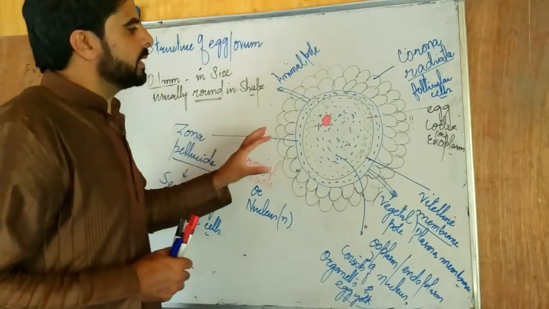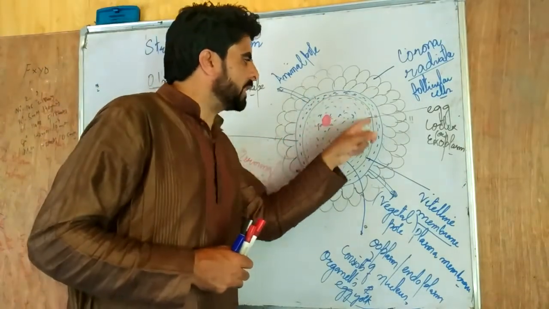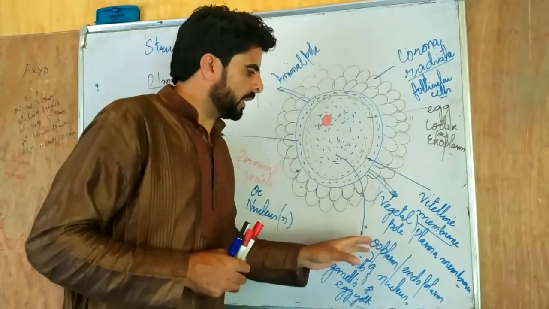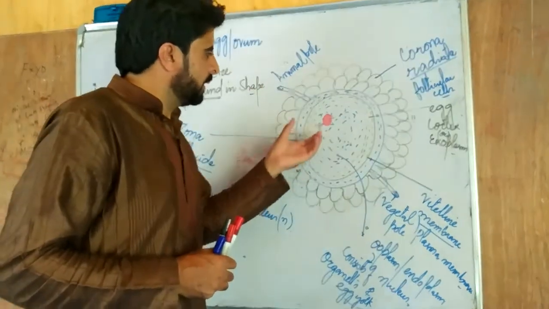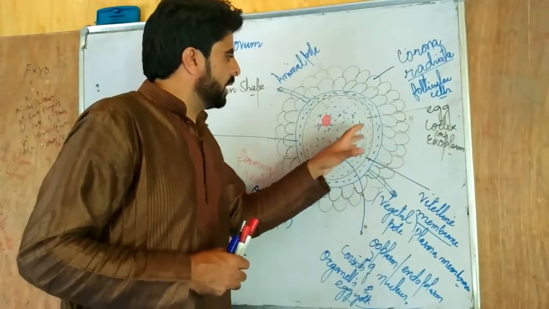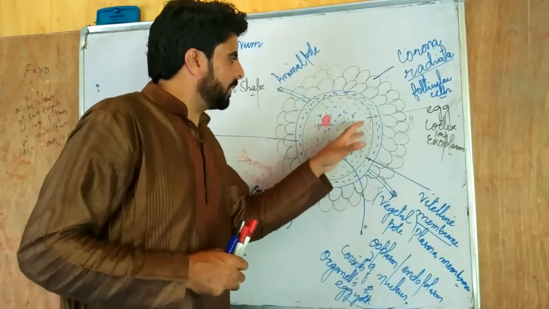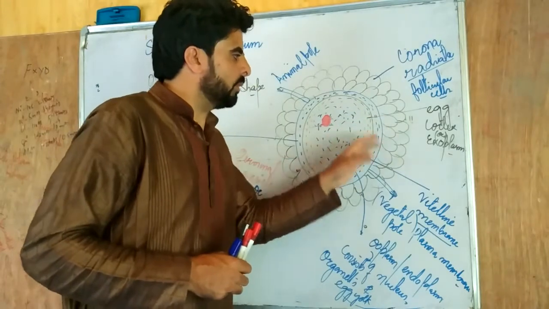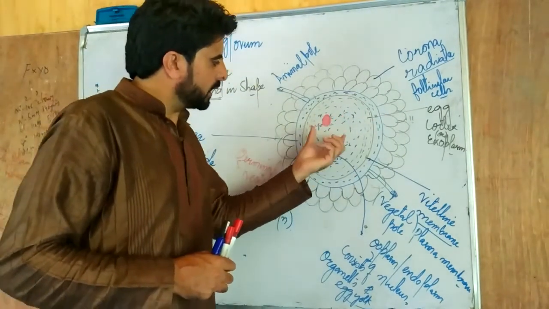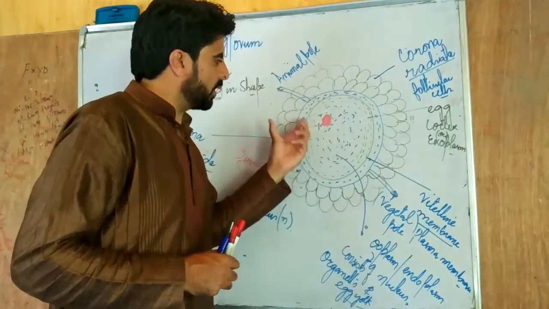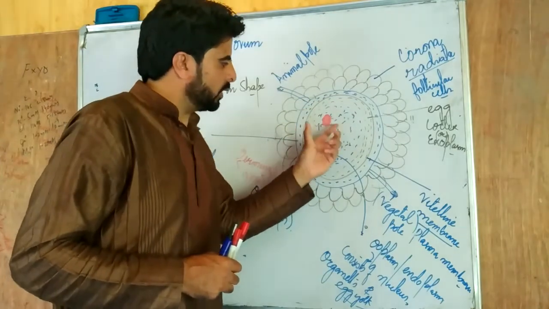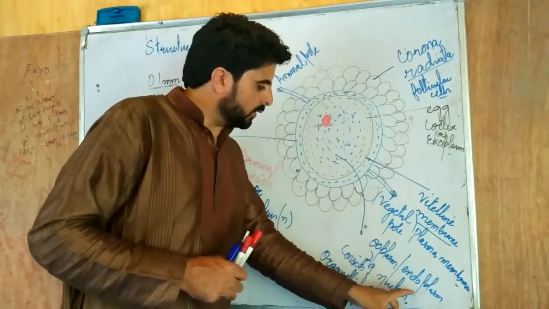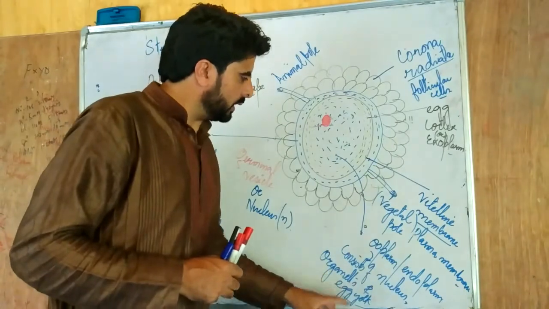The ovum consists of a plasma membrane, which is known as the vitelline membrane, secreted by the cell itself. Then it has a cytoplasm, which is transparent towards the peripheral region. That is why we call this the exoplasm or egg cortex. Then we have the greenish layer, which is more dense or opaque inside; the cytoplasm we call ooplasm or endoplasm. It consists of the nucleus, organelles, and egg yolk.